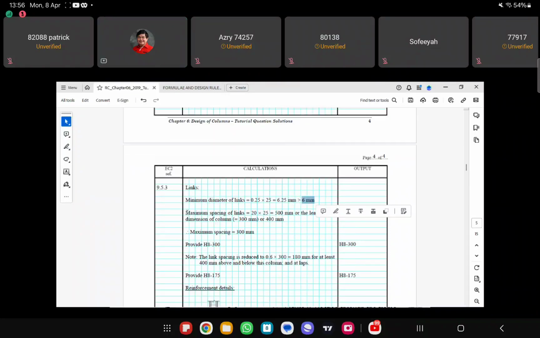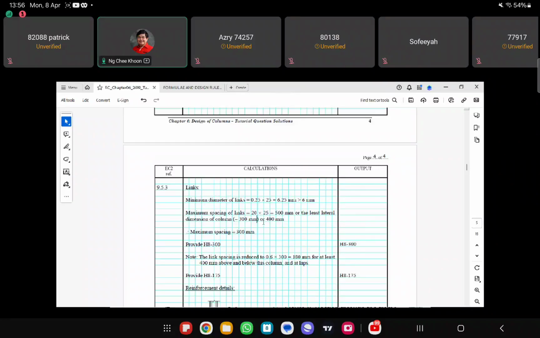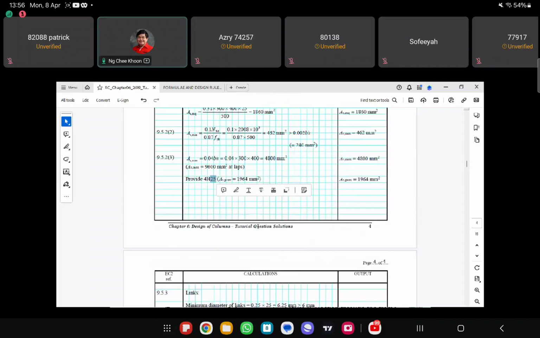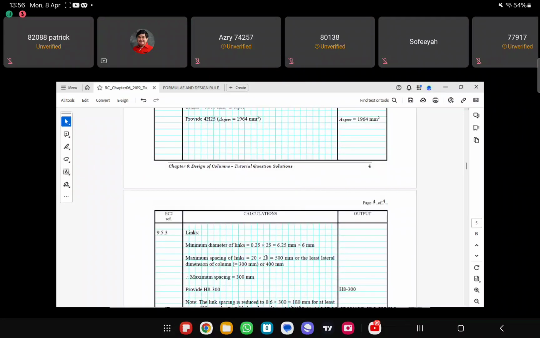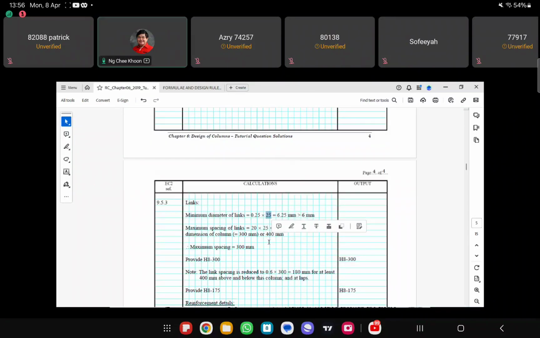Okay, and then maximum spacing of link is 20 times the smaller diameter. So we only have one single diameter, so the smaller diameter is also 25. Larger diameter is also 25, right? So this is 500. And then the least dimension of the column is 300 mm. And then we have another requirement, which is 400 mm.